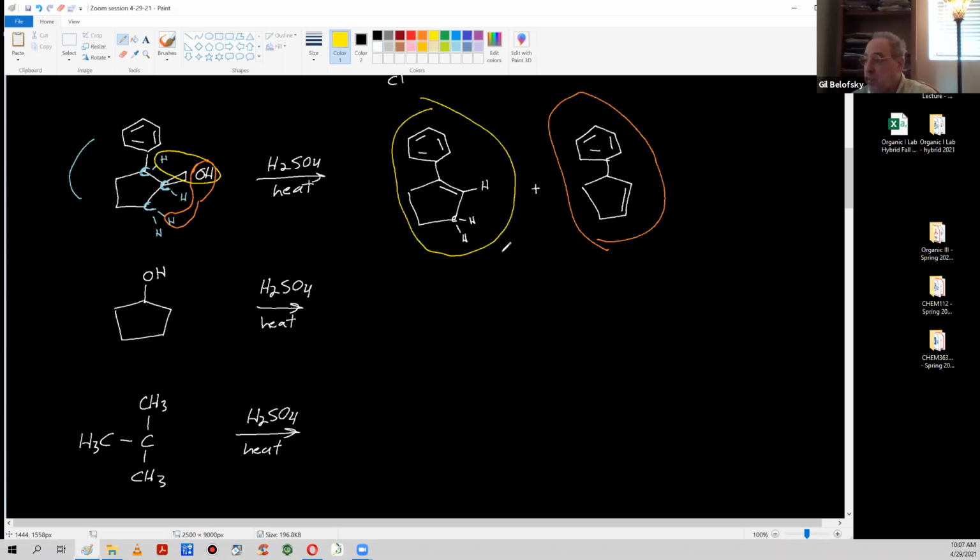So this one's probably favored. And there's actually a rule for that. It is that the alkene with more carbon substituents on it is more stable. That's just kind of a side note, maybe. Alkene with more carbon groups around it.